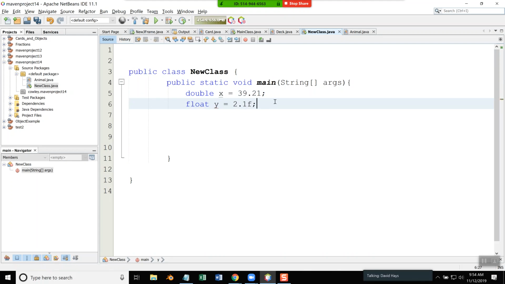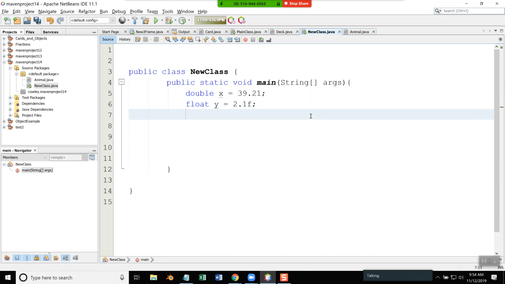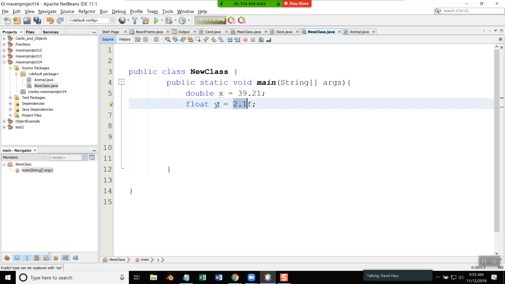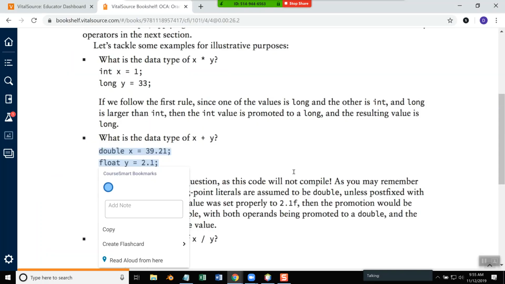You have to put an F here to get it to work, because by default, it assumes this is a double. If you just have 2.1, and you're trying to assign a double to a float, which is less precision, it would give an error. But then you can do x plus y.